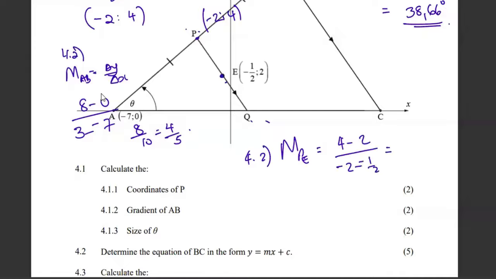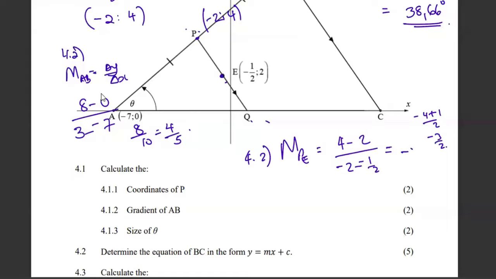Okay, so 4 minus 2 is going to give us a 2 over, this is going to be a plus, meaning there's going to be negative 4 plus 1 over 2, which is negative 3 over 2.